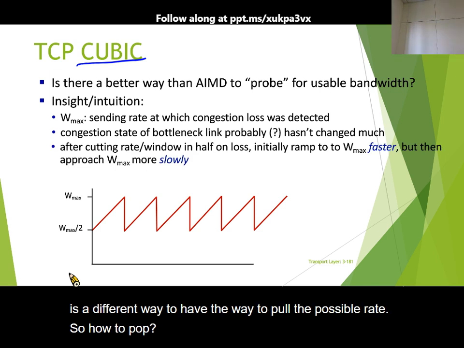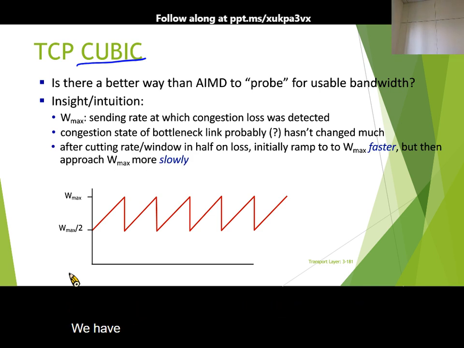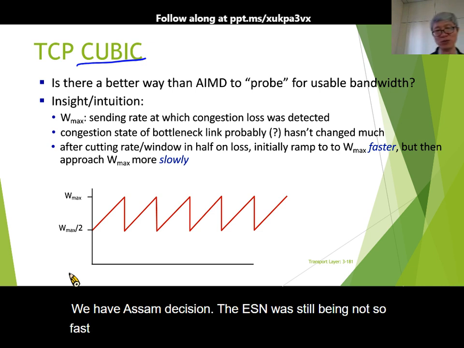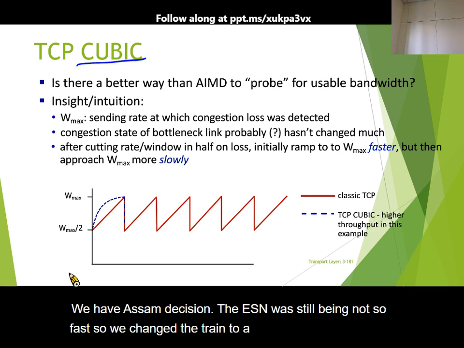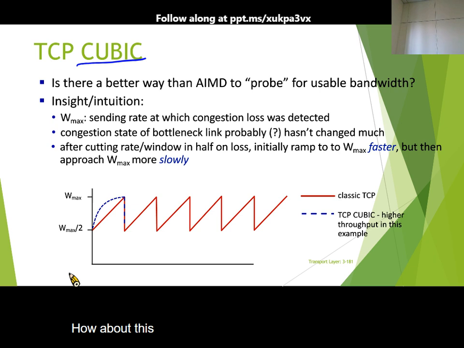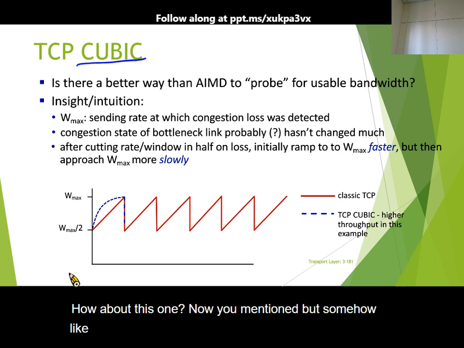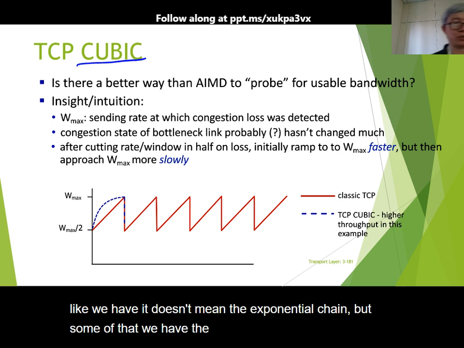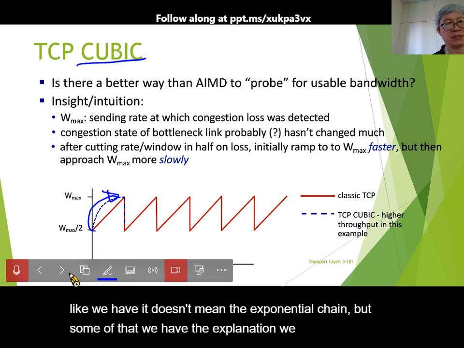We have some description. The linear trend we still think is not so fast, so we change it to a new one this way. How about this one? Not a linear trend, but something like an exponential, though it doesn't mean exactly exponential, but finally we can reach the possible rate.